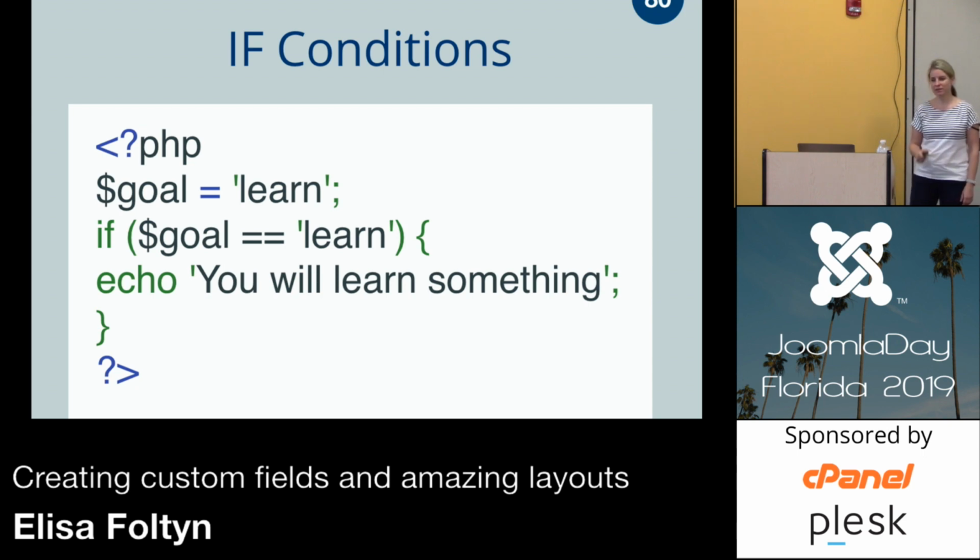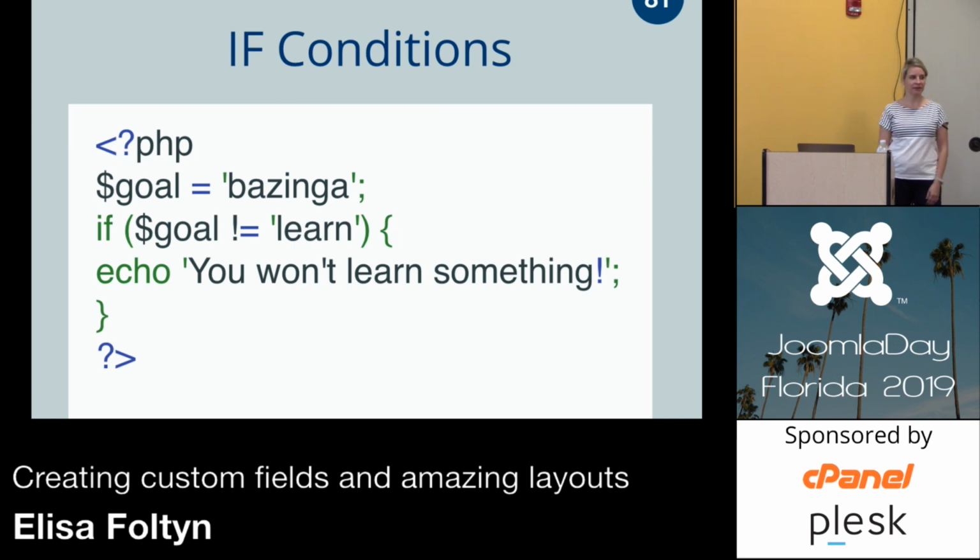Our if condition is, if your goal is to learn something, echo, you will learn something. What will be the sentence in our override now? You learn something. If I would write into the goal, blah, blah, blah, is there output then? No. Good. You got it.